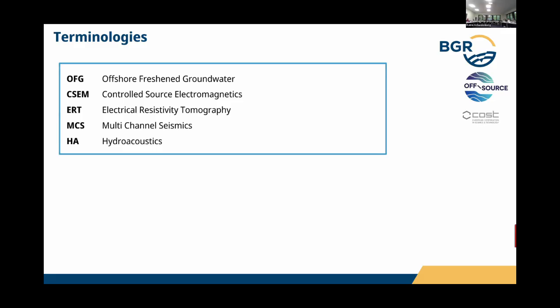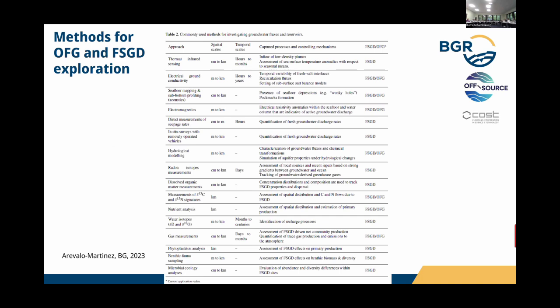This is what the slides use when we're talking about different issues. OFG, offshore freshened groundwater. CSEM is controlled source electromagnetics. ERT is electrical resistivity tomography. MCS, multi-channel seismics. HA, hydroacoustic. Just keep that in mind.